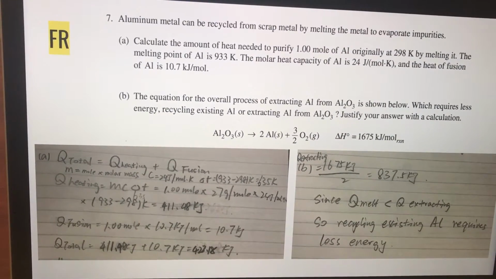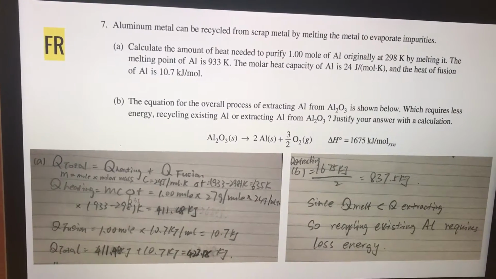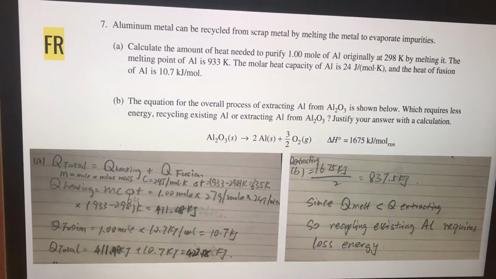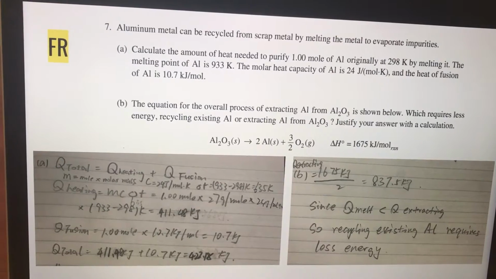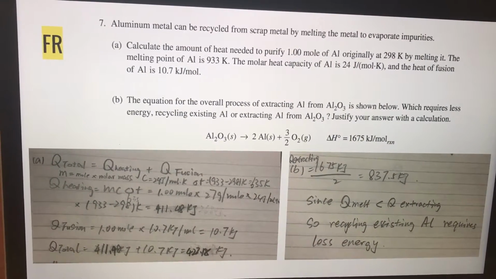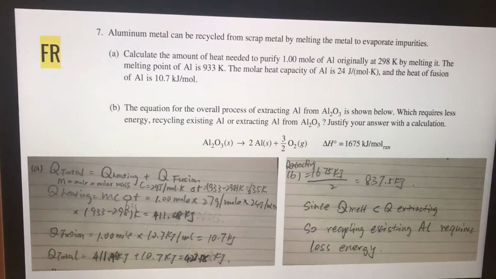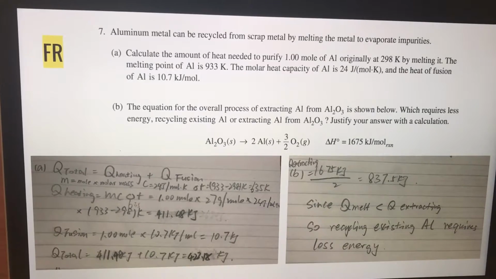Because Q melt, which we found in the last question, is smaller than the Q extracting, which we found in this question, we can say that recycling existing aluminum requires less energy. So let's move on to my multiple choice questions.